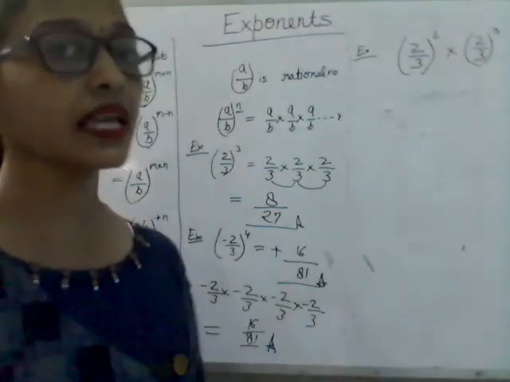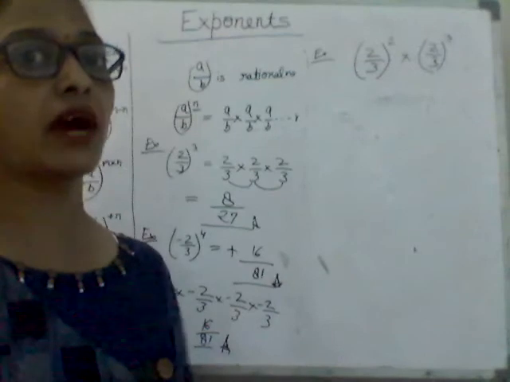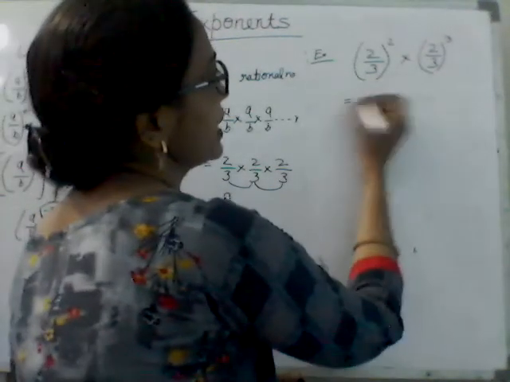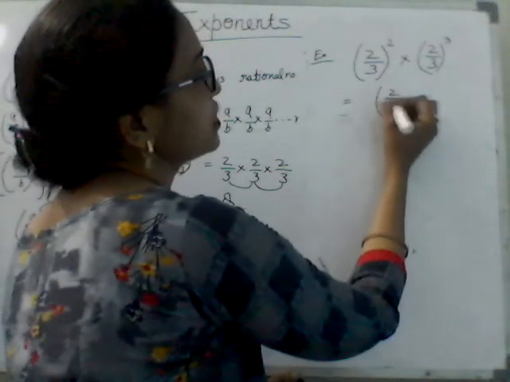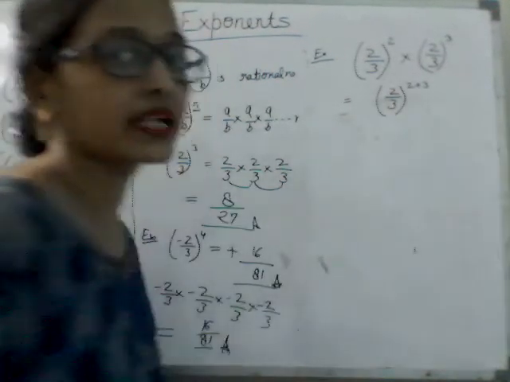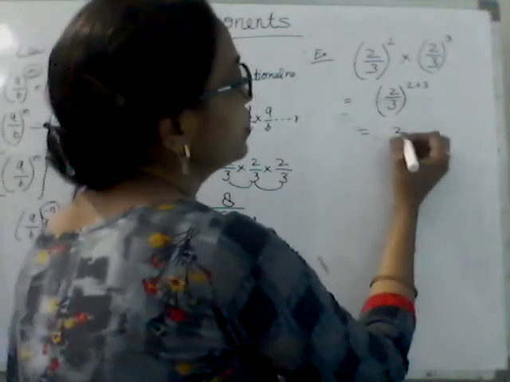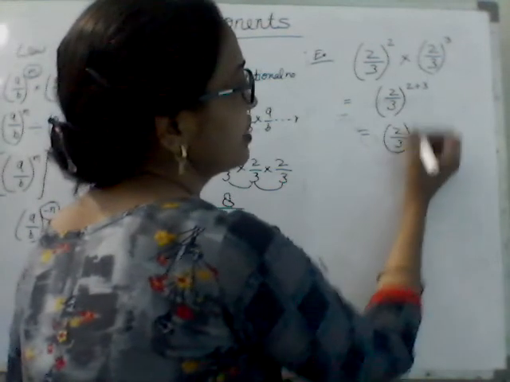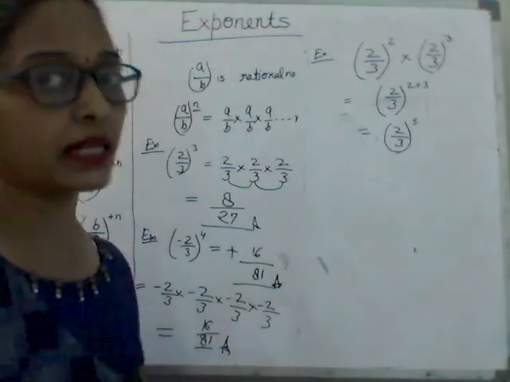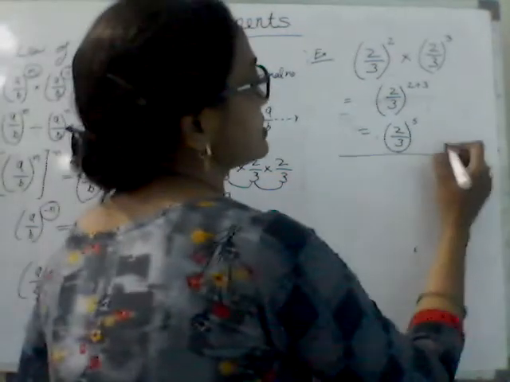Here the base is the same but the powers are different, so we get (2/3) to the power 2 plus 3, that means (2/3) to the power 5. Now we expand this, 2 multiplied by 2 multiplied by 2, and then we get the answer.